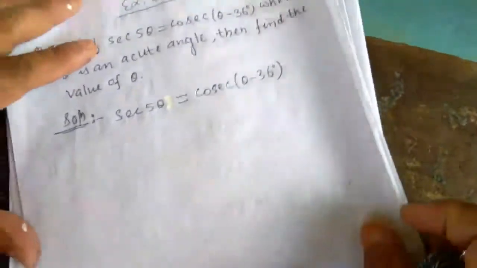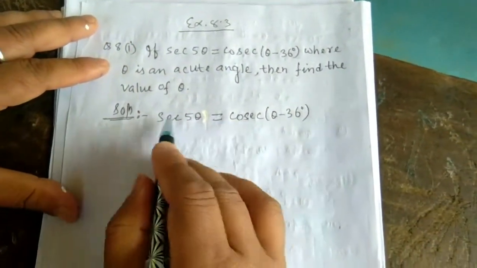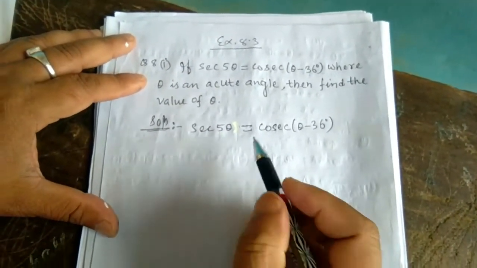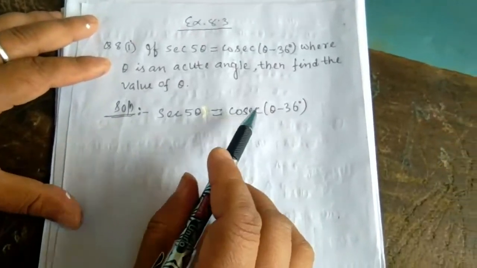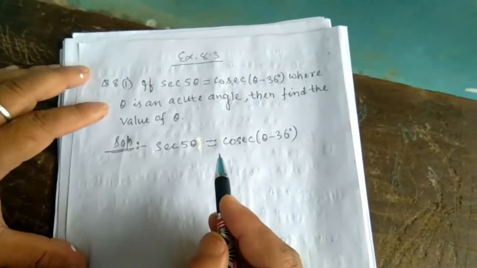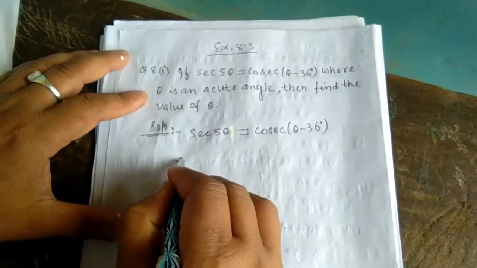We did this type of problem before also, and I told before also that if different trigonometrical ratios are given, you have to convert them into the same trigonometrical ratio first. Either you convert sec in terms of cosec or cosec in terms of sec. To convert or transfer, we always have to apply the complementary formula. Complementary means 90 minus something.